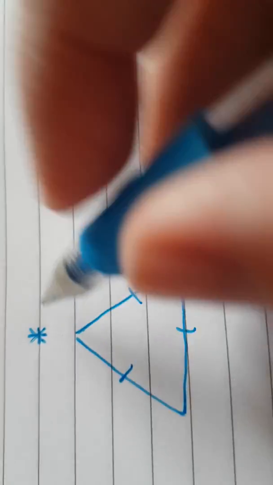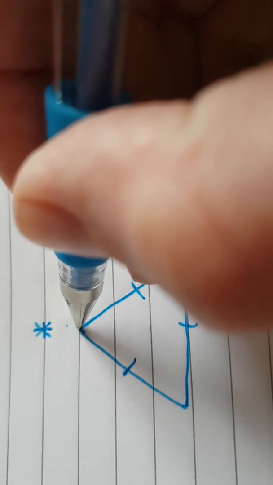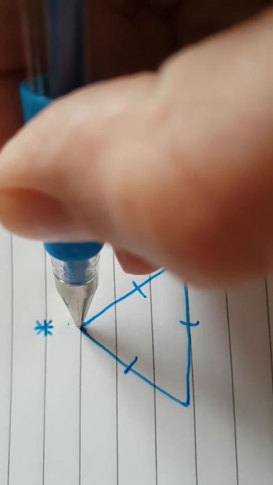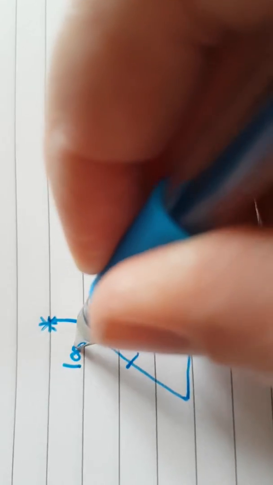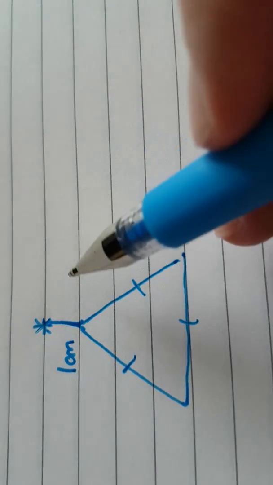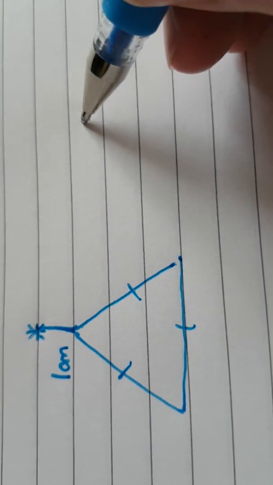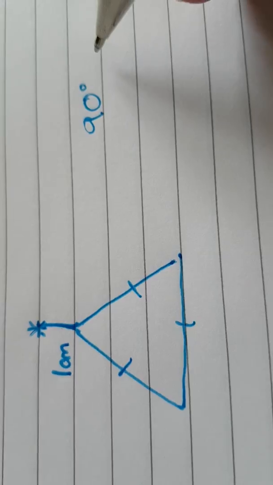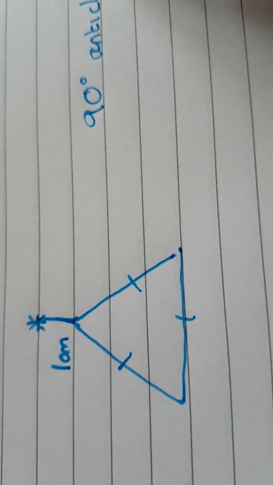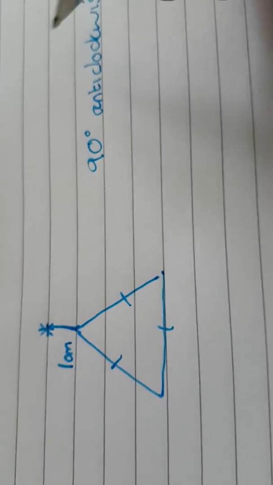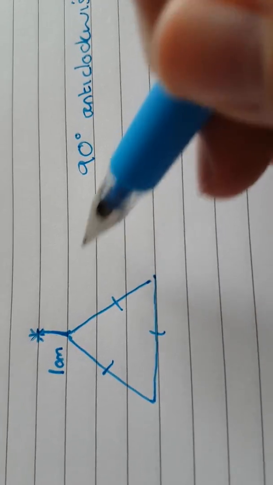So to do this, you measure the distance from each corner to the point. So let's imagine that that is 1 centimetre. Then, if we were turning 90 degrees anti-clockwise, I would know that I'm turning in this direction.